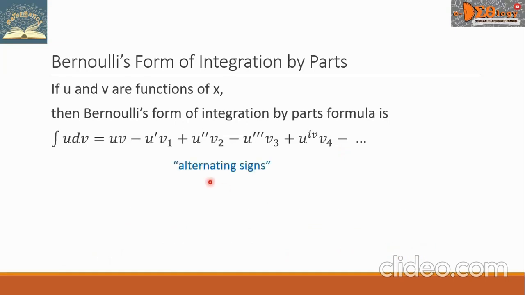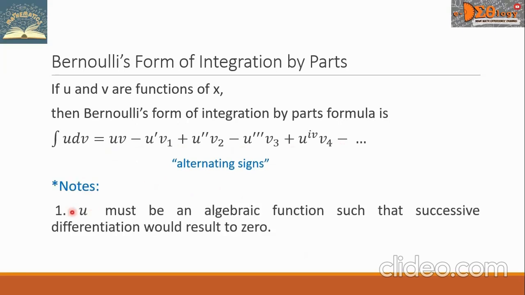Take note also about these alternating signs. The first pair of product here is positive, then negative, positive, negative, positive, negative, and so on.